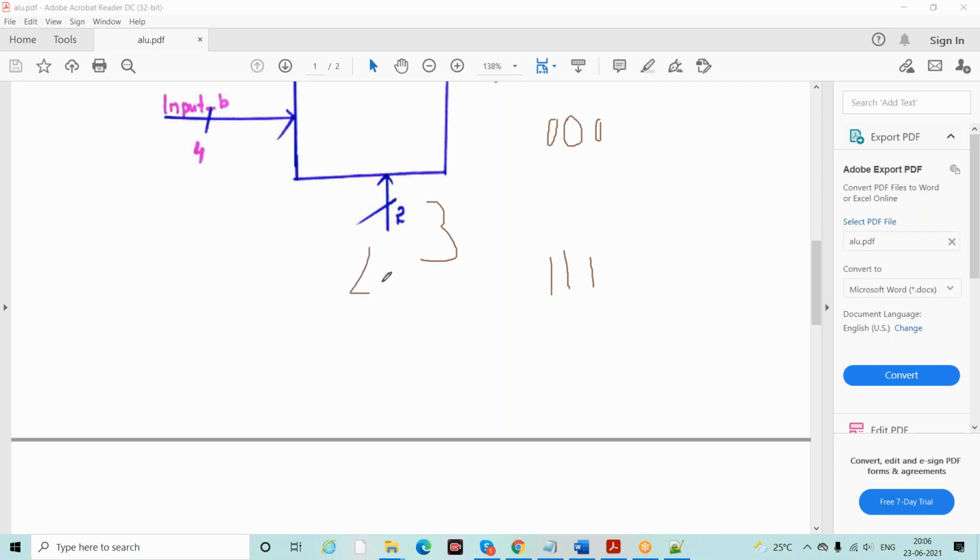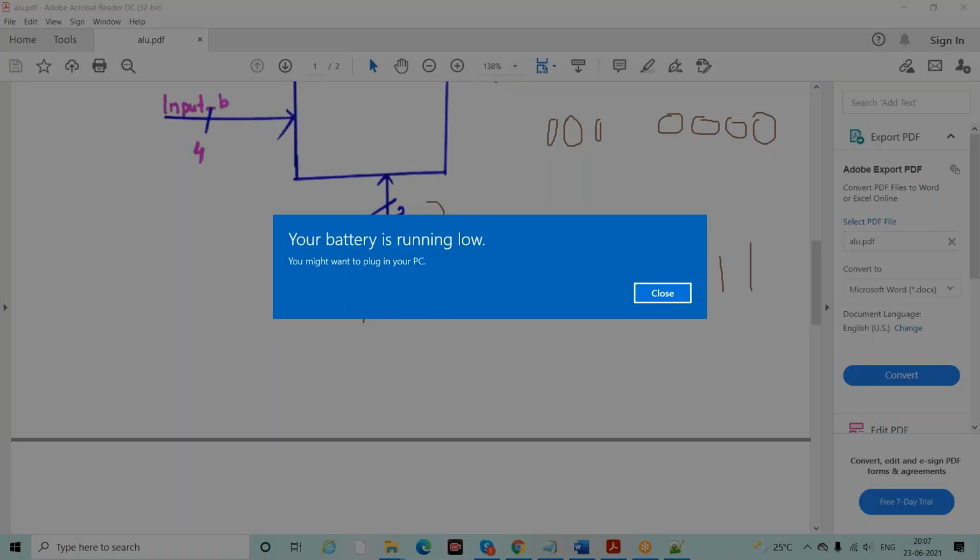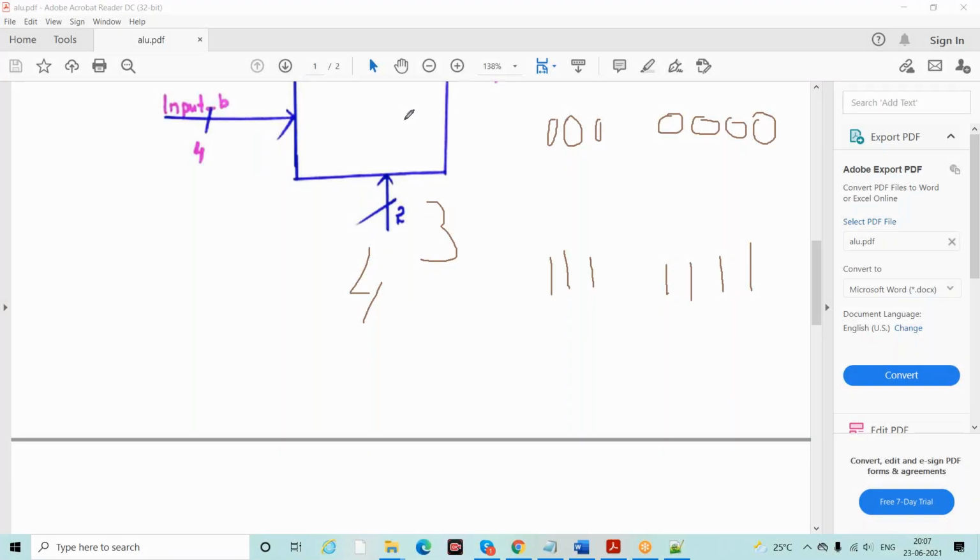If it is 4-bit, total 16 inputs, you can use anything. 1111. Sometimes you can use 00 for A plus B, A minus B. Likewise, just one second, please.